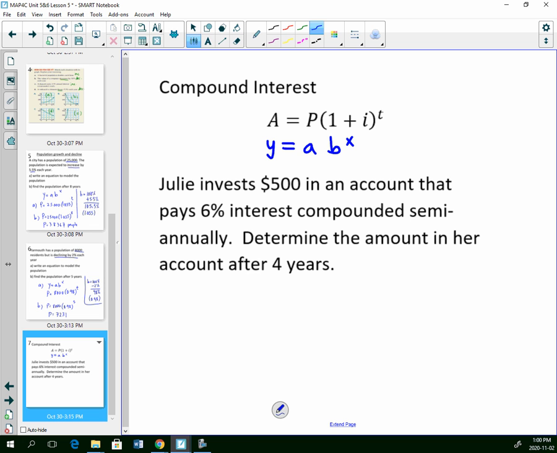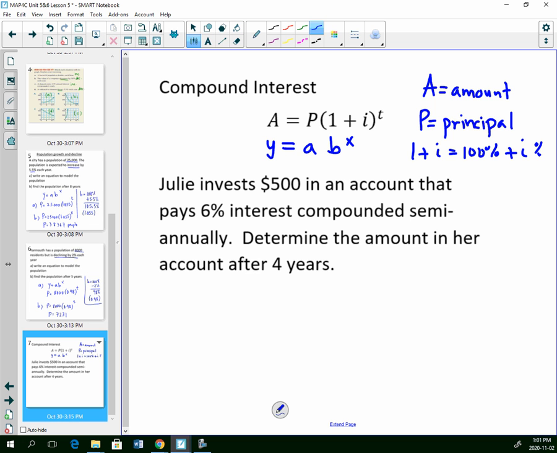So instead of y, we use A, which is the final amount. Instead of a for starting value, we use P for principal. So principal is my starting amount. And b is always 1 plus i. 1 is representing 100% plus the interest rate.